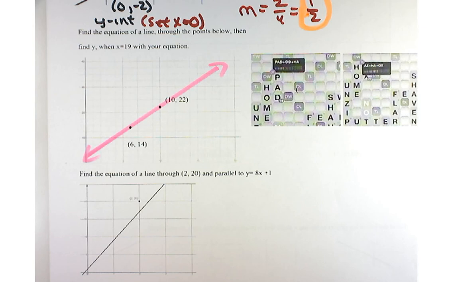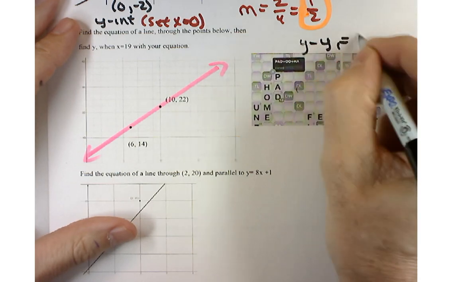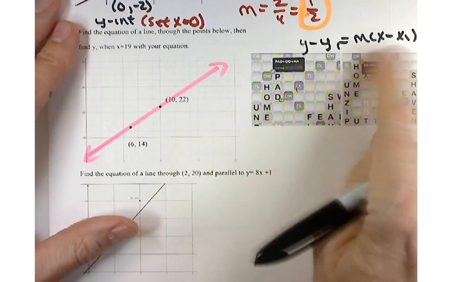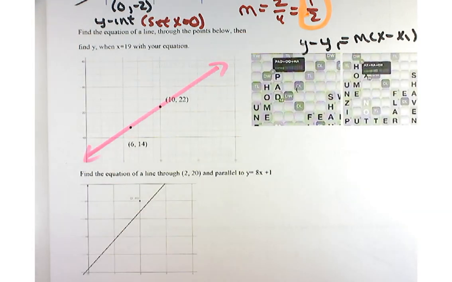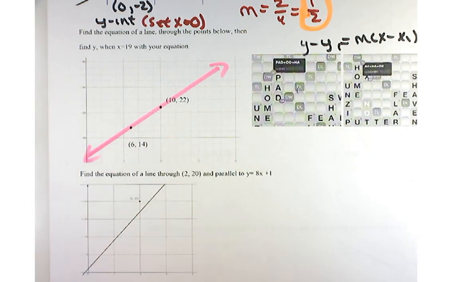I know that at some point I'm going to need to use this formula, y minus y1 equals m times x minus x1. So I need a point and a slope, but I've got 2 points and no slope. I don't exactly have what I need at the moment. How am I going to figure out this equation?